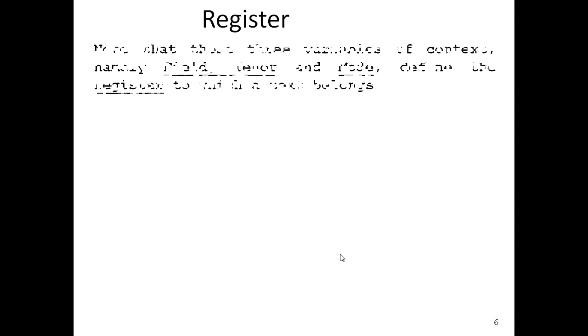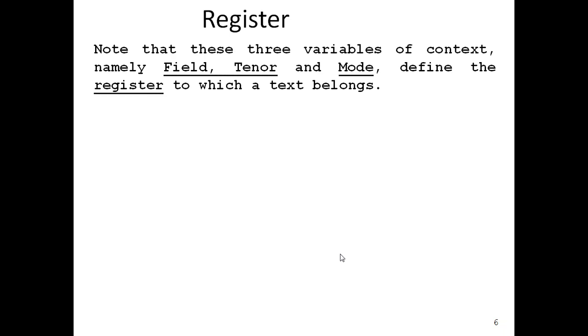Now, let's go back to register. Register has to do with the context of situation, and register is defined by the three dimensions of the situational context that we've seen, so field, tenor, and mode.